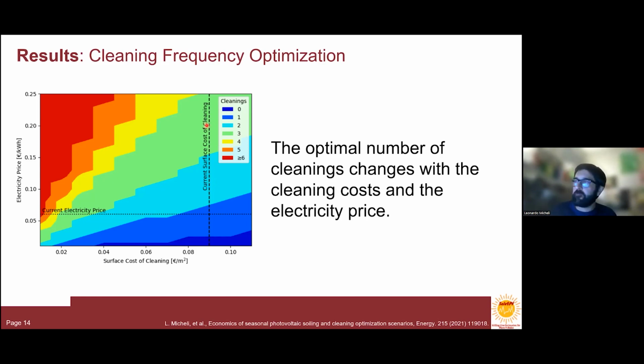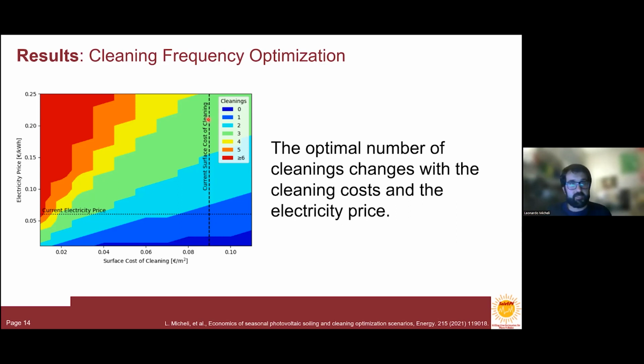You can apply the same thinking and go up, for example, to 200 euros per megawatt hour, 20 cents per kilowatt hour. In that case, you would get a recommendation for cleaning that same site 3 times per year. And you see here how electricity price is extremely important for soiling mitigation.